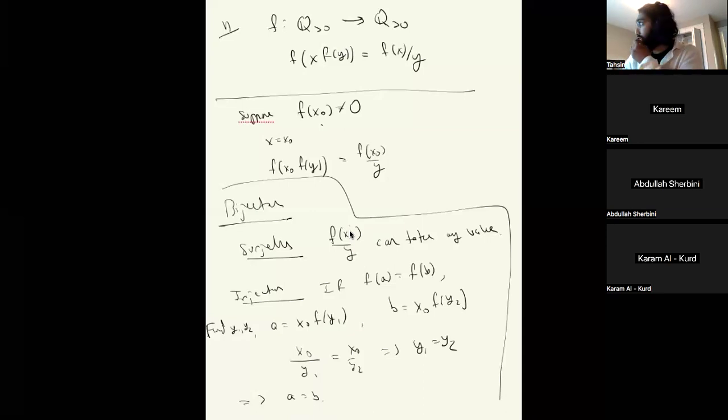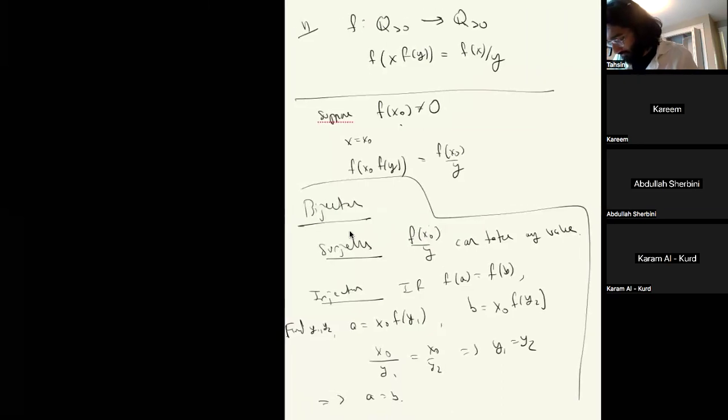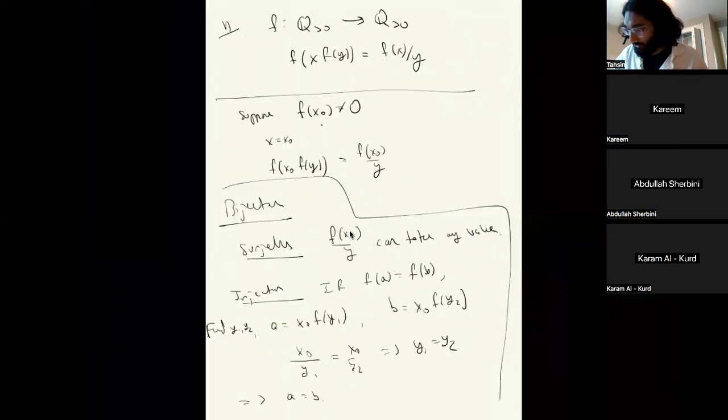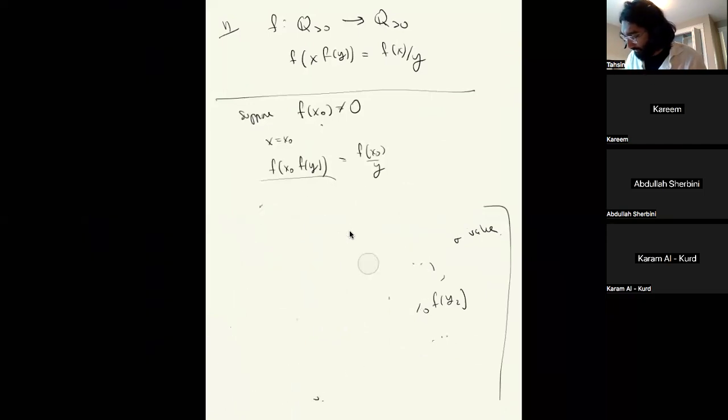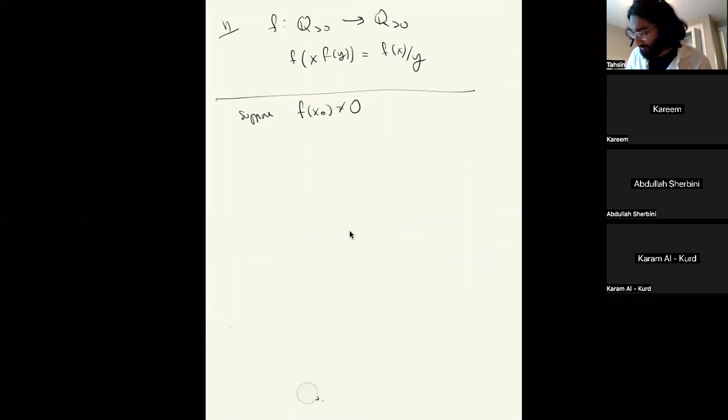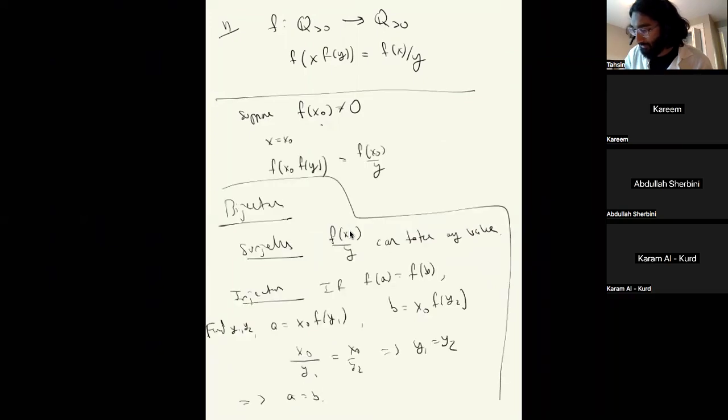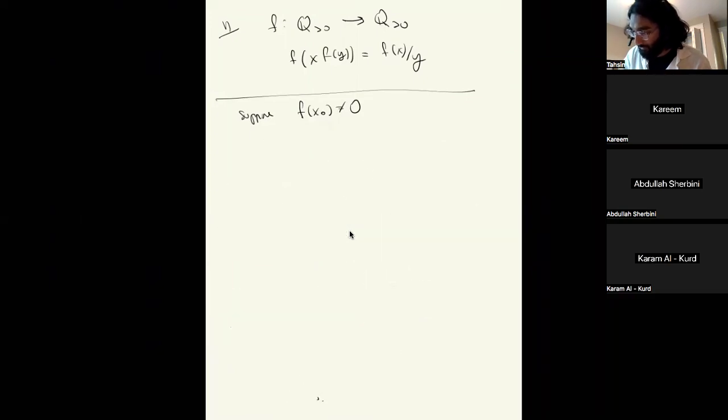Okay, let's write this out. So we have that it's a bijection, so we can erase this argument here. So then f is a bijection.